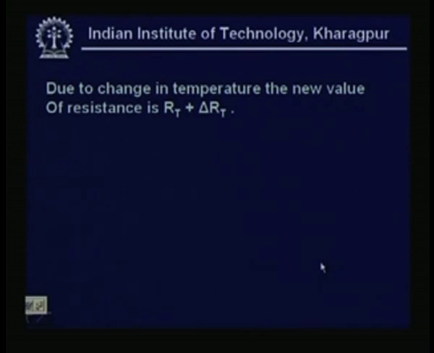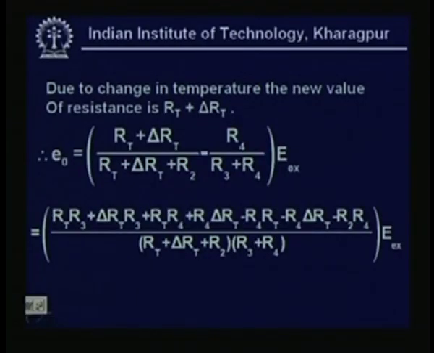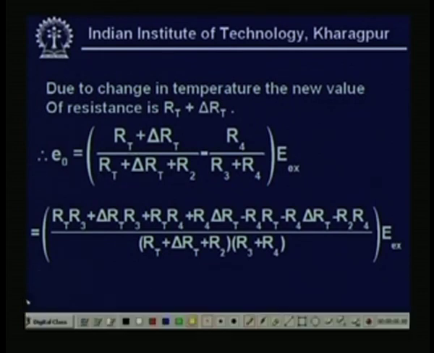Due to change in temperature, the resistance is no more RT, it is RT plus delta RT. Whether delta will be positive or negative, I will discuss later on. There is a change, and we say it is RT plus delta RT. So I can write E naught with the new value of RT.